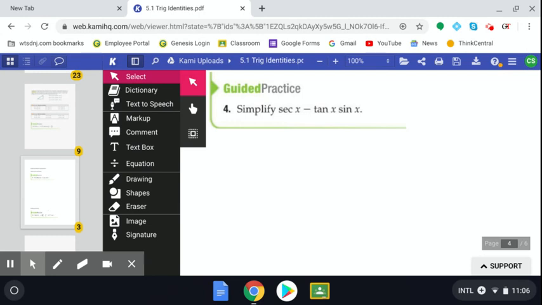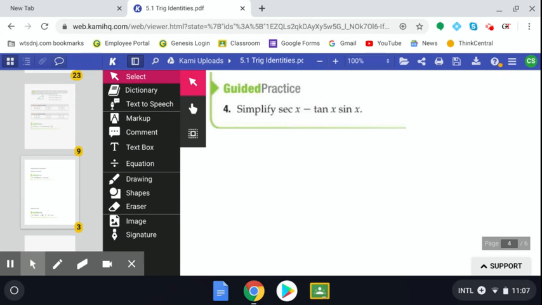So what I know here is that I have secant x minus tangent x times sine x. If I can start rewriting this in a manner that I can cancel out some of the trig expressions, that will help me.